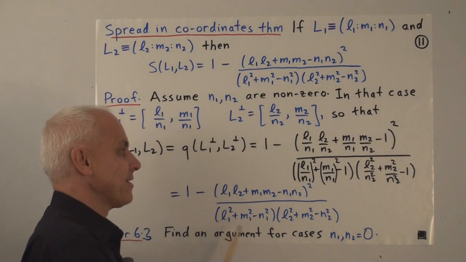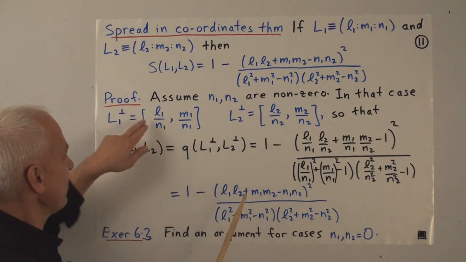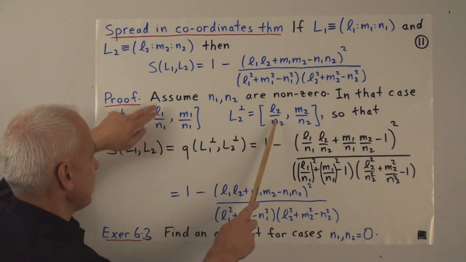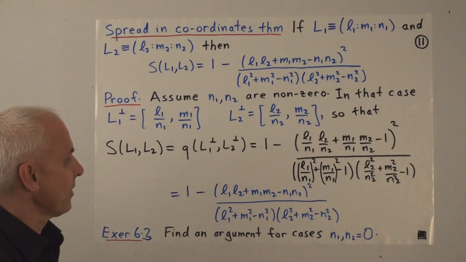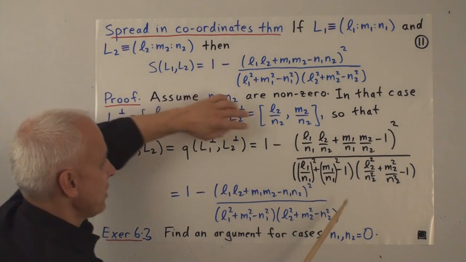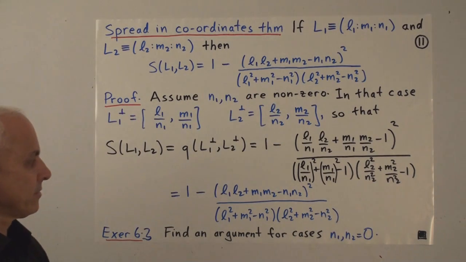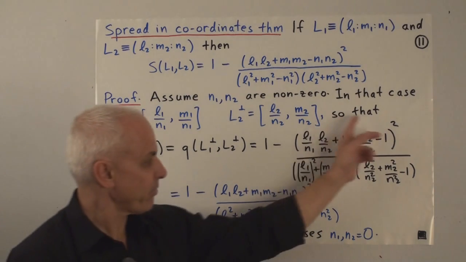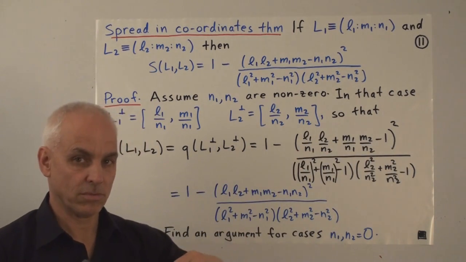That's 1 minus, okay, here is the expression in terms of these things. This times this plus this times this minus 1, all squared, divided by this squared plus this squared minus 1 times this squared plus this squared minus 1. And now in this expression here we multiply top and bottom by (N1N2)².